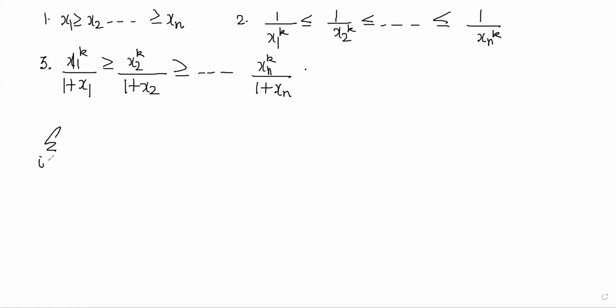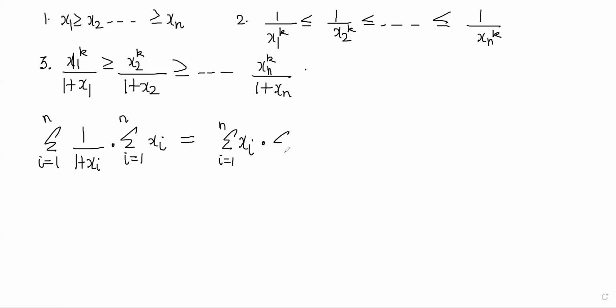We have summation i goes from 1 to n, 1 by 1 plus xi multiplied by summation i goes from 1 to n xi. This is equal to, we can write it as summation of i goes from 1 to n xi multiplied by, I can rewrite this term as 1 by xi power k multiplied by xi power k by 1 plus xi, right?